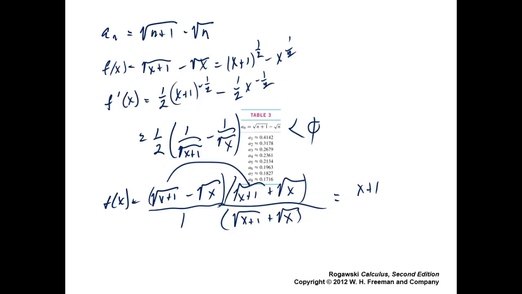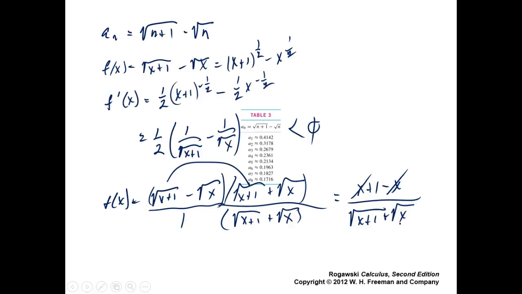Now, the cross terms, minus this plus this, add to 0, right? So you wind up with just minus x. Well, guess what? That's just 1 over the square root of x plus 1 plus the square root of x.